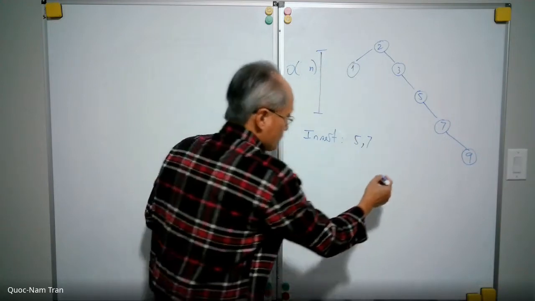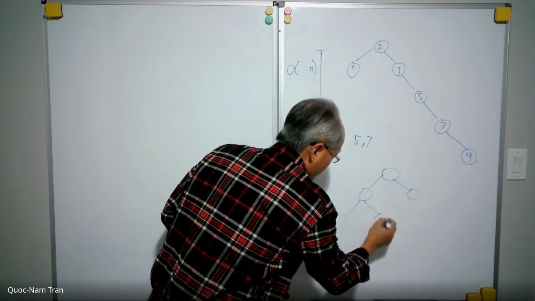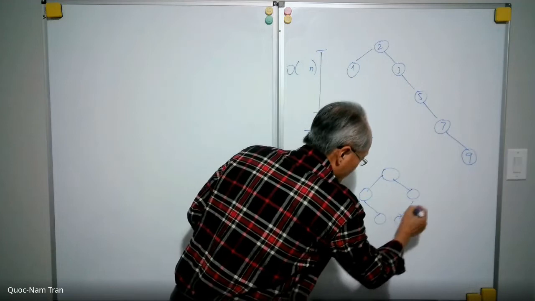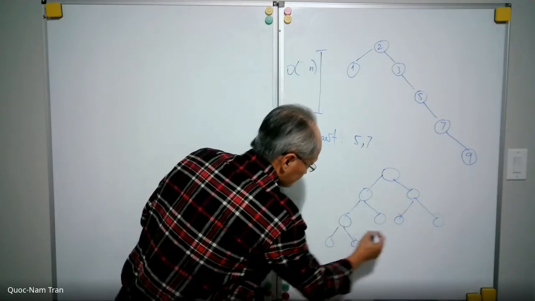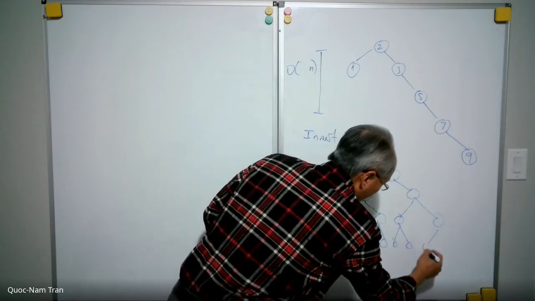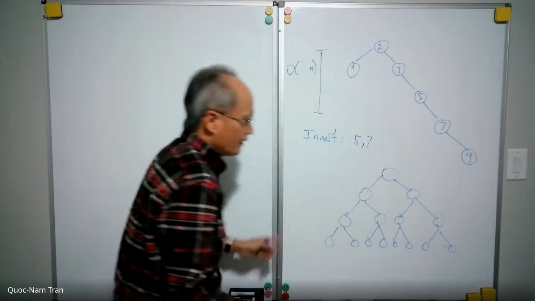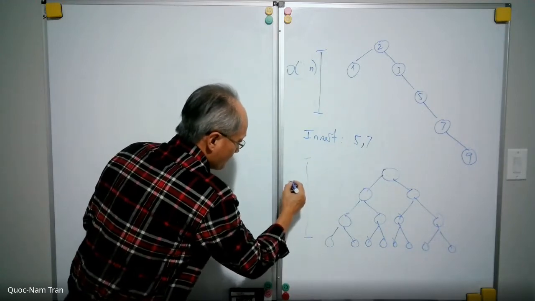If you have a tree that is balanced, for example, when it's full, like this, then we know that the height here is log n.